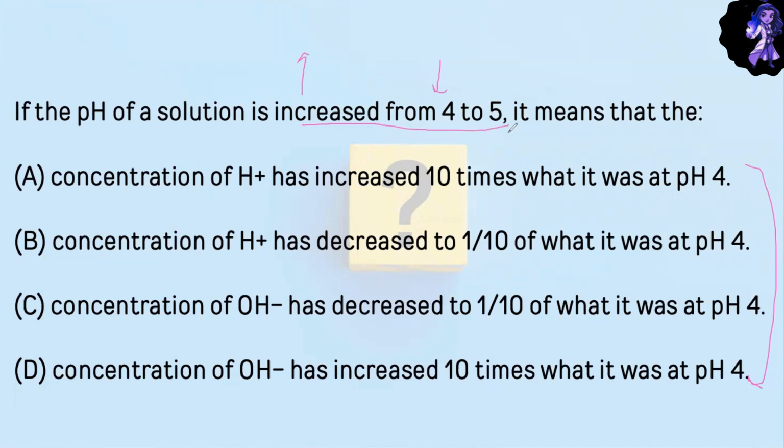Remember, they're inversely related. So option choice A and option choice D would not suffice because they're saying that the concentrations have increased. Now taking a look at B and C, remember pH is related to the H concentration, which would lean our answer towards B rather than C. I also want to point out the value of decreasing by 1/10 versus 10 times.